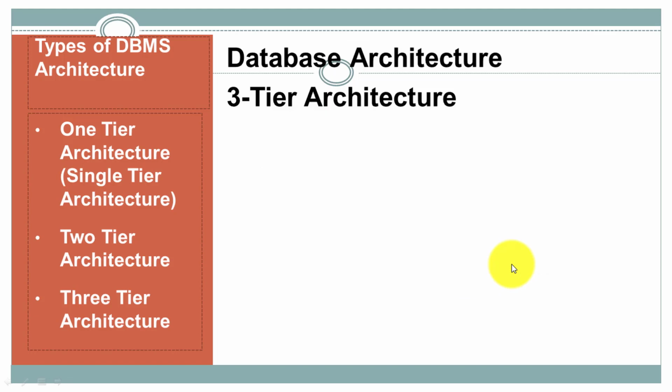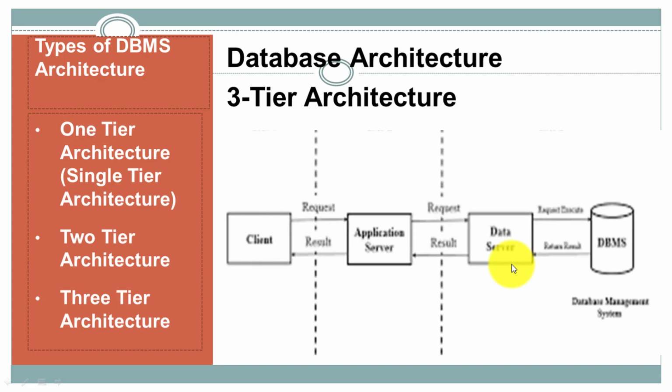Now let's understand what is meant by three tier architecture. Three tier architecture is an extension of two tier architecture. It has three layers: first is the client layer, second is the application server, and third is the data server.